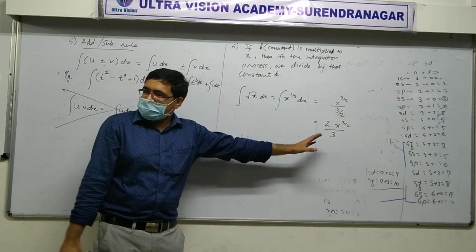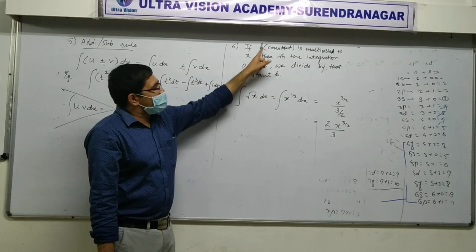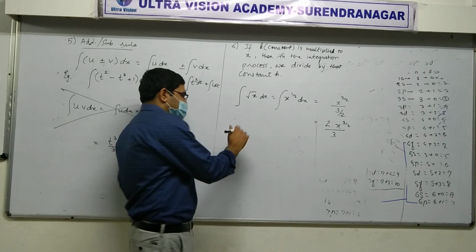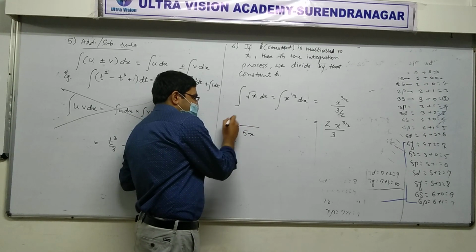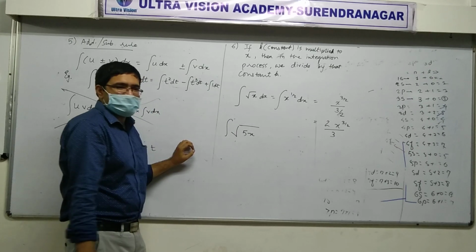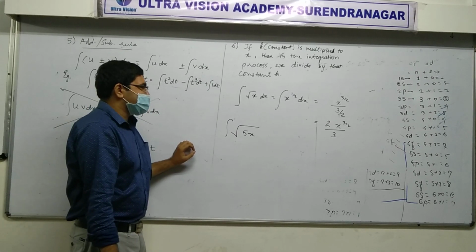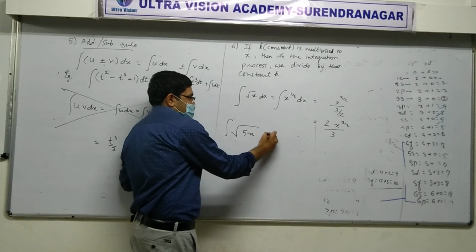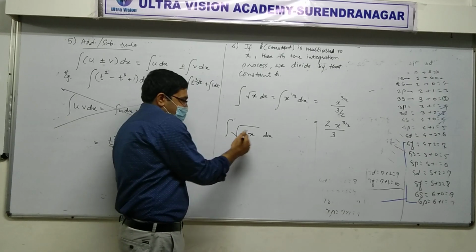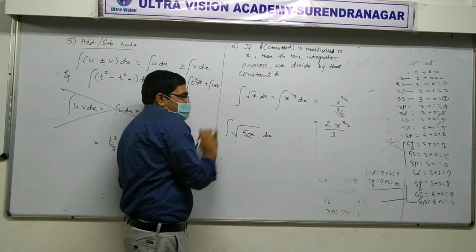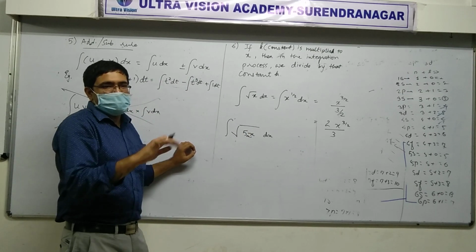So this is what we get. But let's try to use this rule now here. How so? Suppose instead of this, we were to do the integration of this. Then what is going on here is, if you look at this carefully, x is multiplied by a constant.